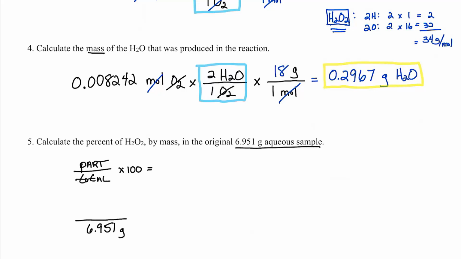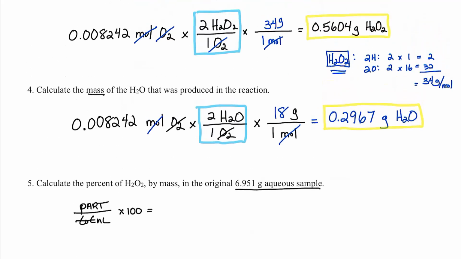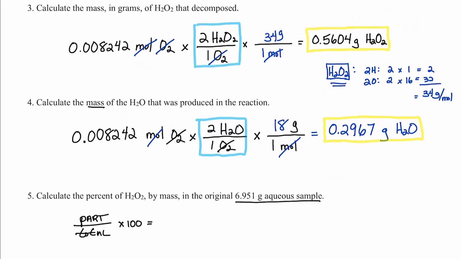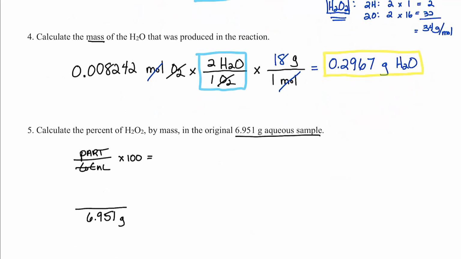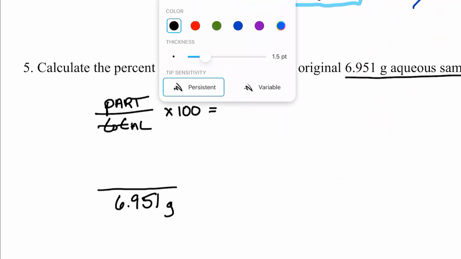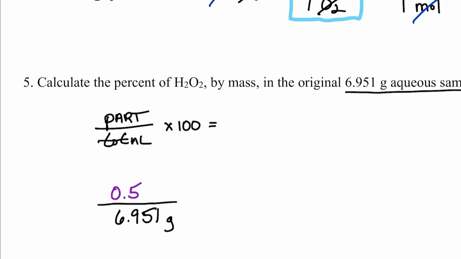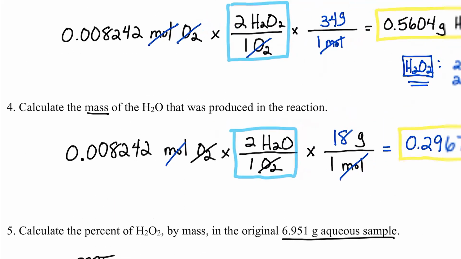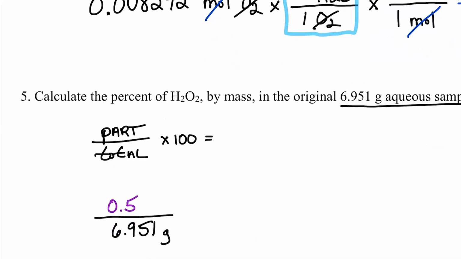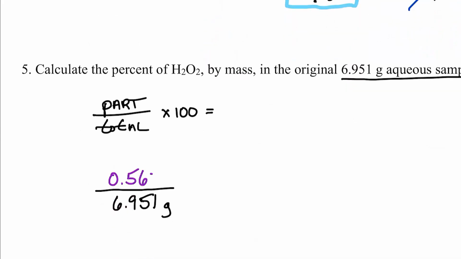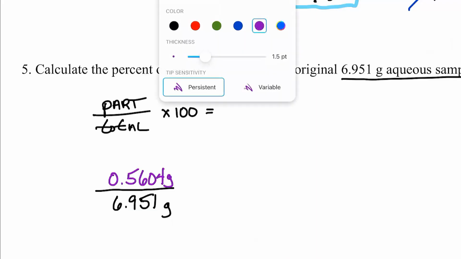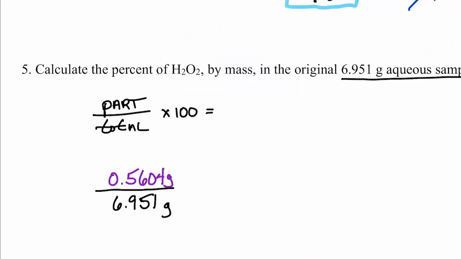And how many grams of H2O2 did we find? Well, in number 3, we found 0.5604. So 0.5604 grams goes there, and I'll change the color. 0.5604 grams. Times that by, let's stay color coordinated here, times that by 100.